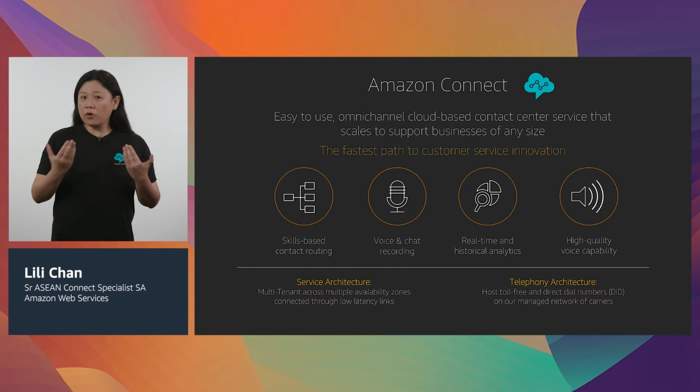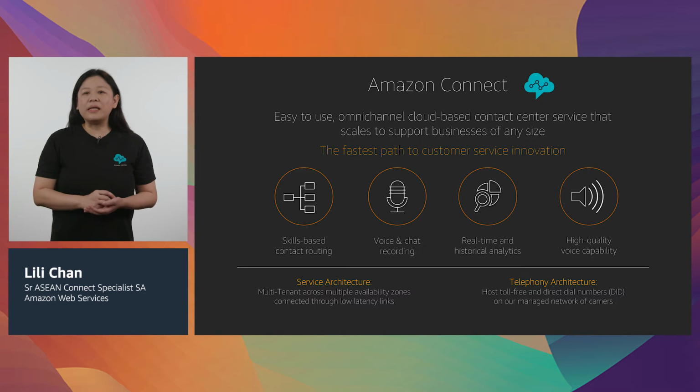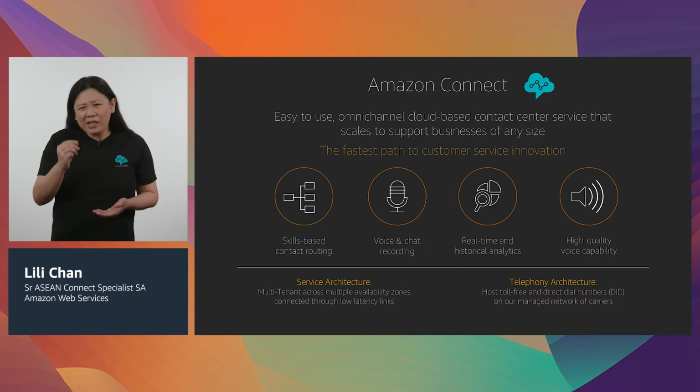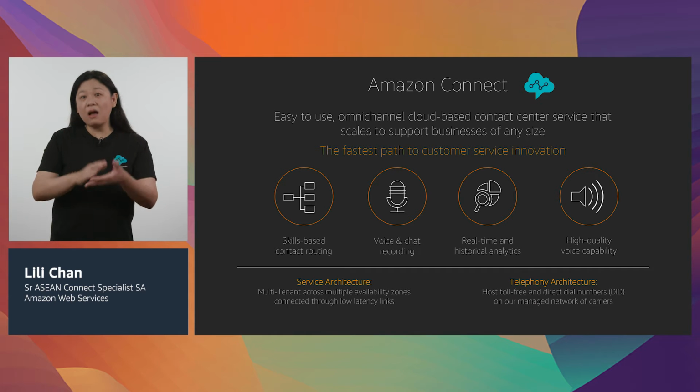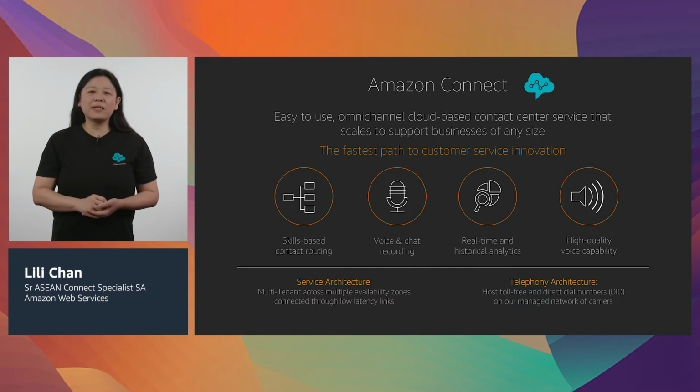And we have also created a network of managed carriers for easy telephony hosting. Ultimately, this allows you to focus less on keeping the lights on and infrastructure-level issues like diverse paths for telephony routing and high availability operations, and instead focus on continuous innovation to drive greater customer experience.